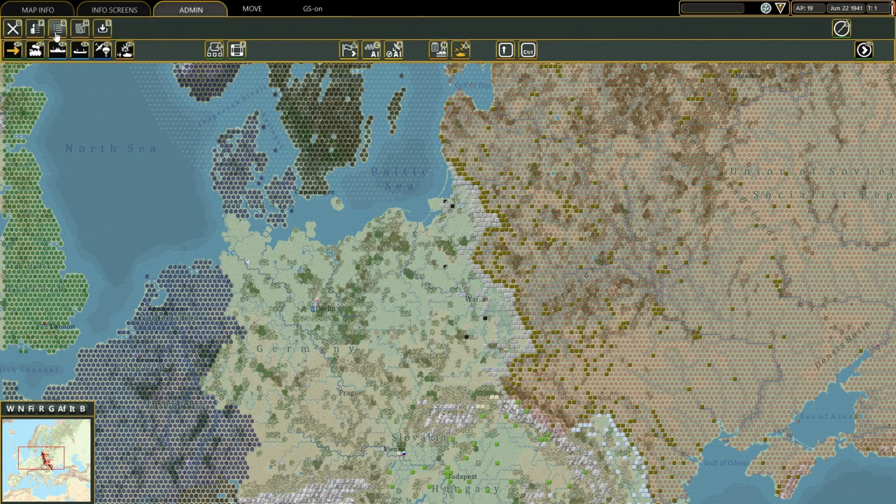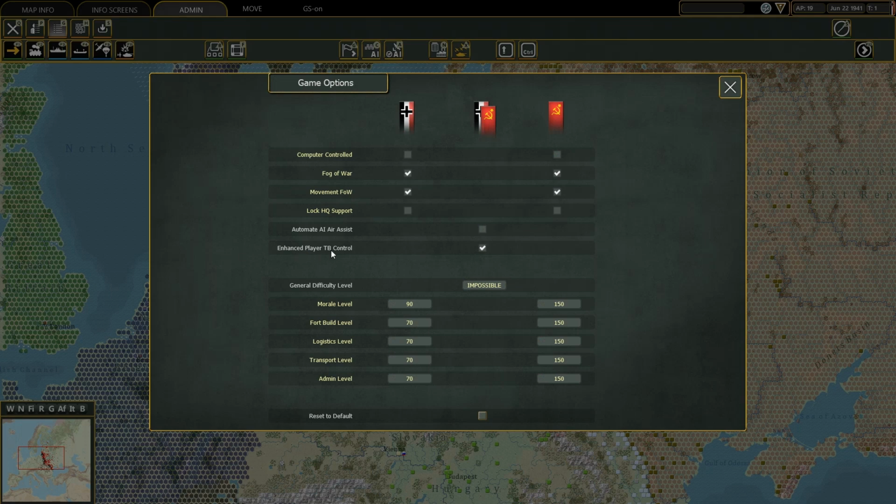And even if you play with the enhanced player theater box control, you still cannot, let's say, pull everything out of Western France or from the Far East and then just overwhelm your enemy with sheer numbers. No, you cannot.